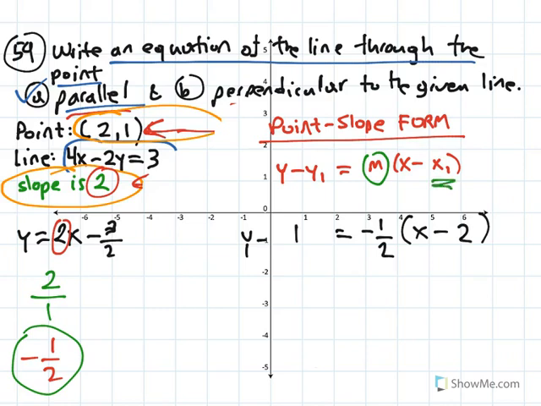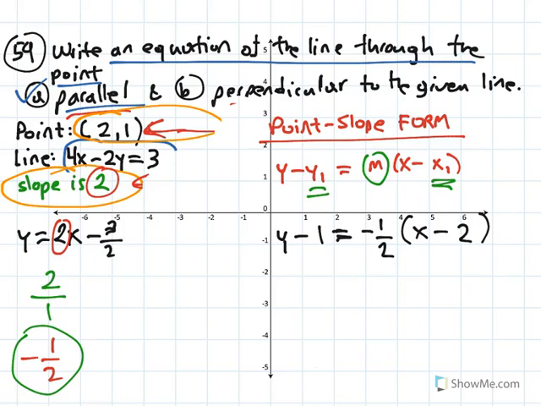So we write that in for x sub 1 and y sub 1. You could stop here because all the instructions are asking you to do is to write an equation of the line passing through the point perpendicular to the given line, and we've done that. You could also convert it to a different form, such as standard form or slope-intercept form.